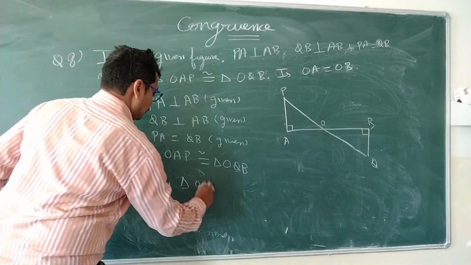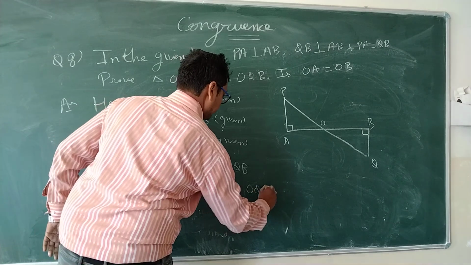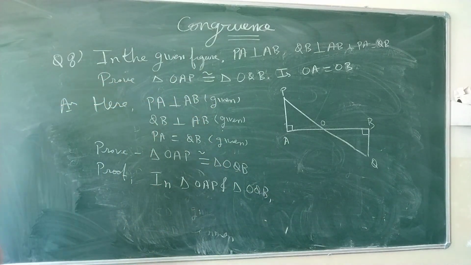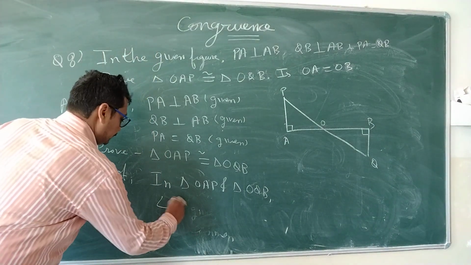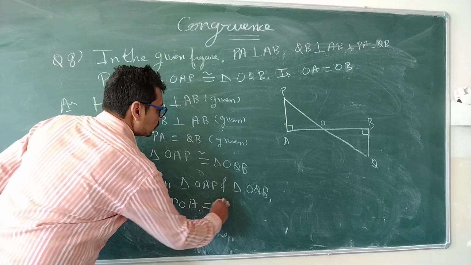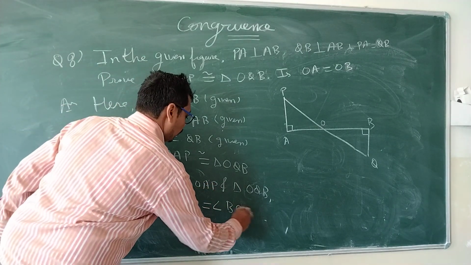In triangle OAP and triangle OQB, angle POA is equal to angle BOQ.